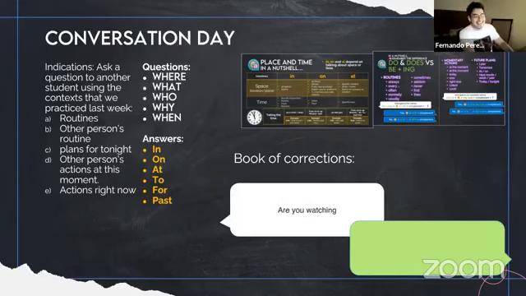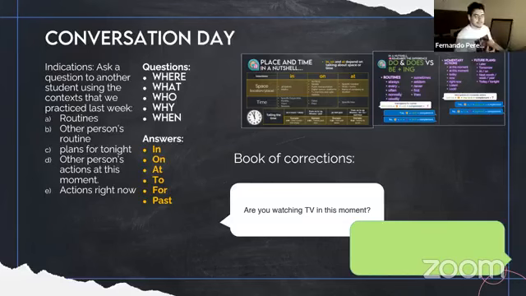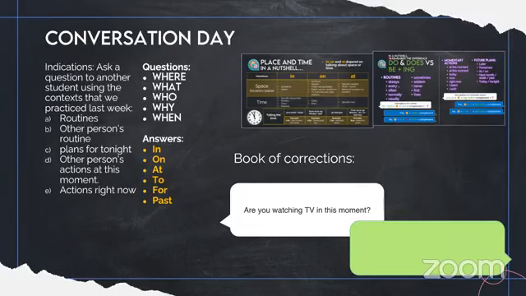Okay, exactly. Because the why is, I don't know. But this is a yes or no question. Love it. Very good. No, are you watching TV in this moment? No, I'm not watching TV in this moment.